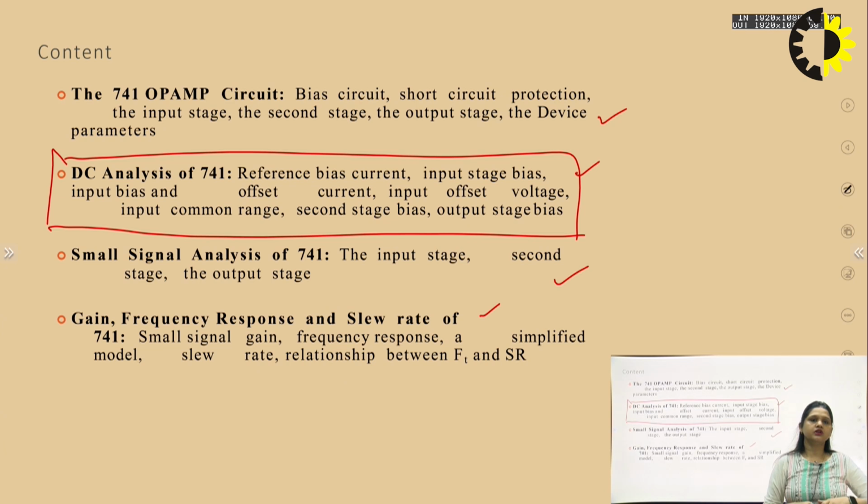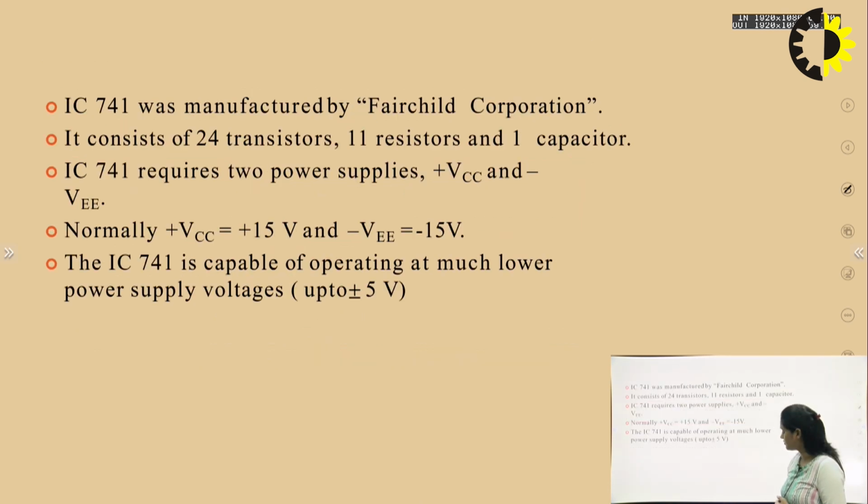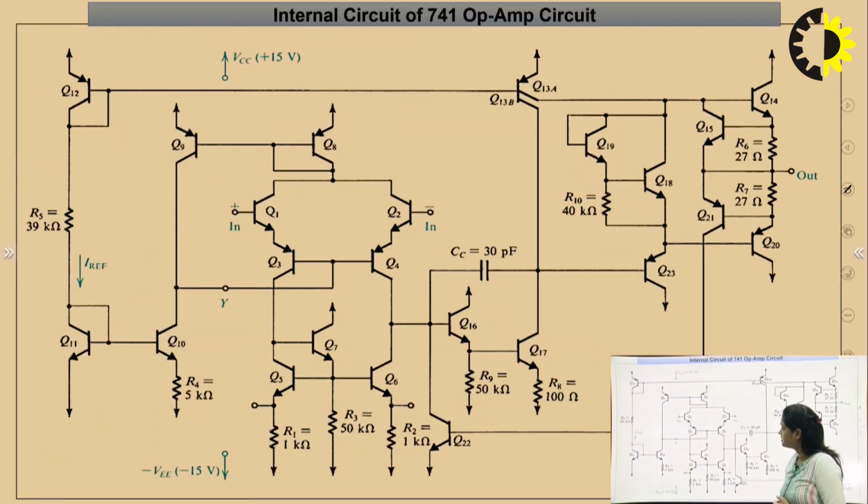If you look at the circuit diagram of 741 IC, it includes a number of transistors. This is the circuit diagram for 741 IC, where you can see there are 24 transistors, 11 resistors, and 1 capacitor.